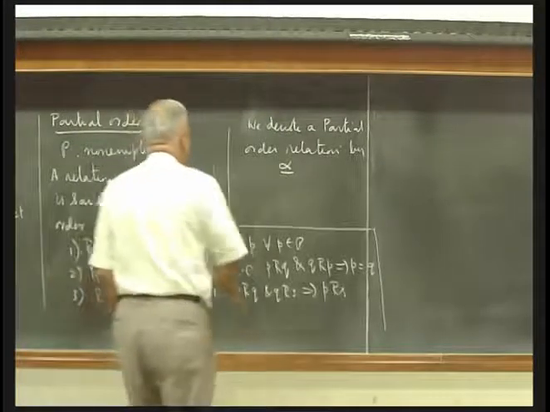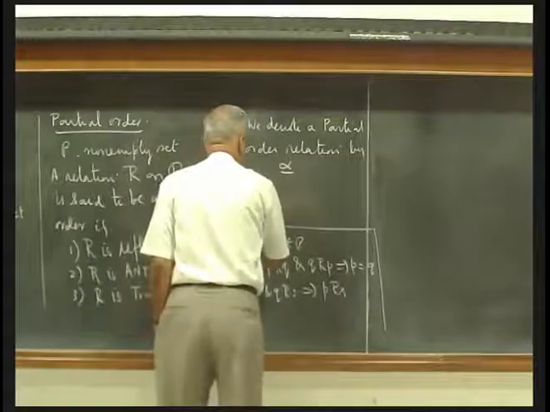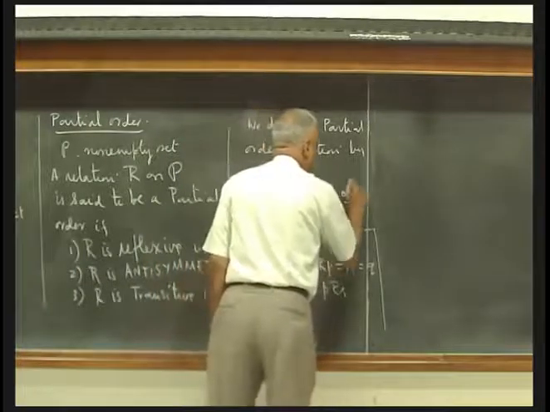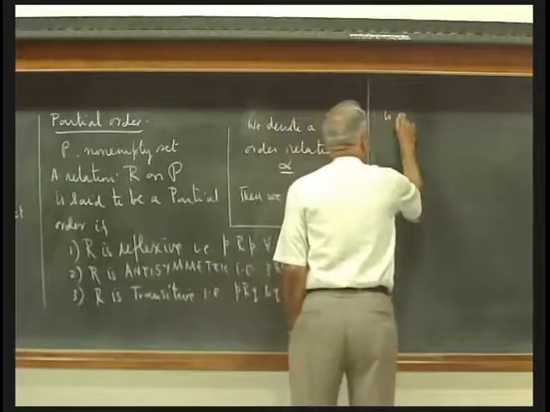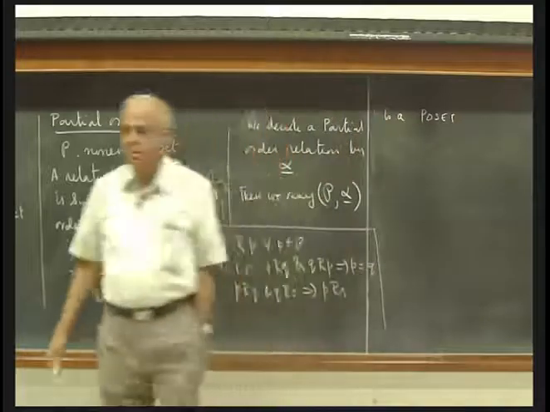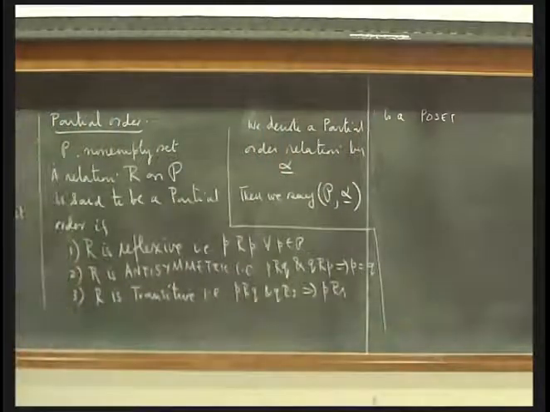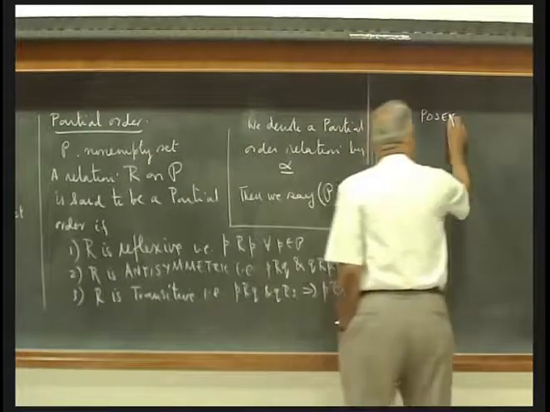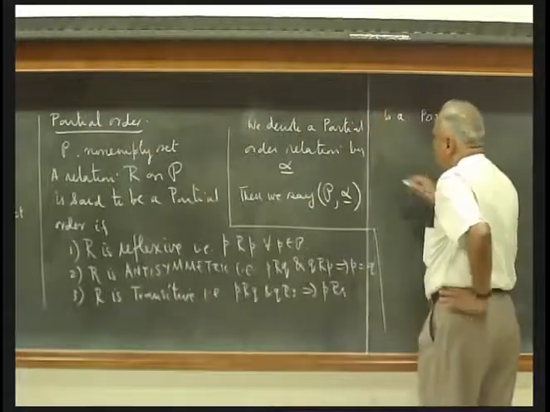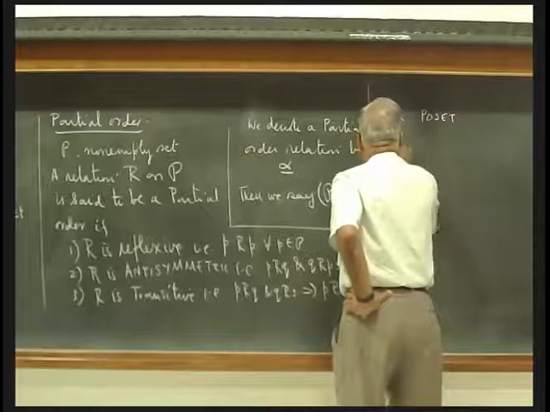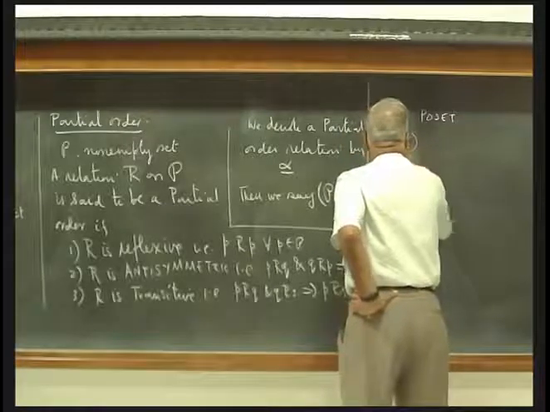And then we say P together with the partial order is a partially ordered set, or just, in short form, a poset. These are some terms which I'll be using. So from now on, we are going to look at a partially ordered set.